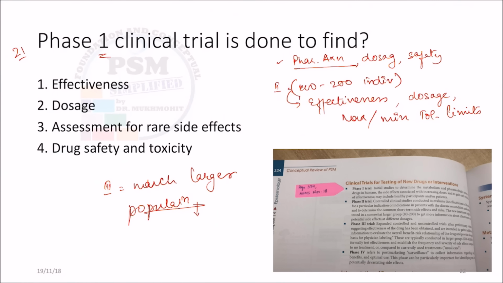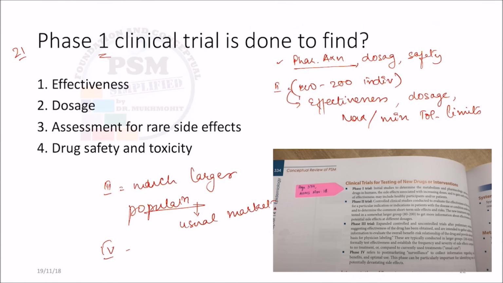It is much bigger, and typically these are very large. They might range from around 200 to maybe 5,000 or 40,000 individuals, and they are the usual market trials of the drug.